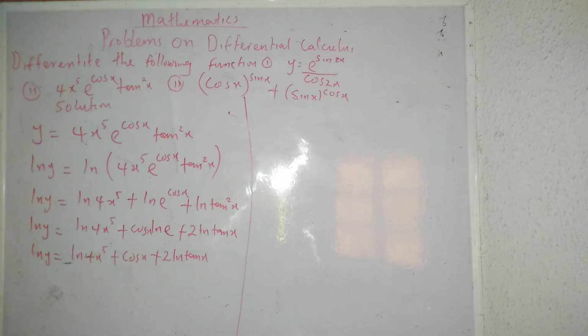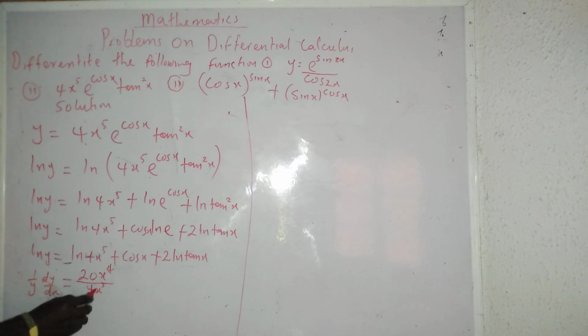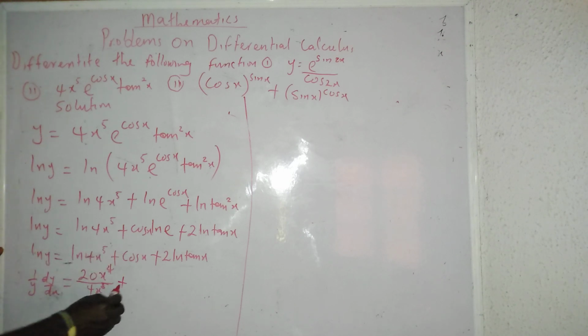Now I can differentiate. If I differentiate, I will have 1 over y dy/dx equals, differentiating this part, 20x^4 divided by 4x^5, plus, differentiating cos x, minus sine x.